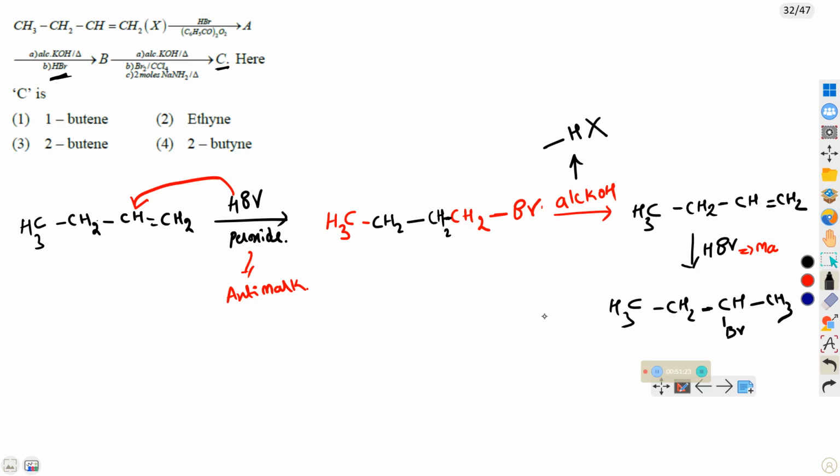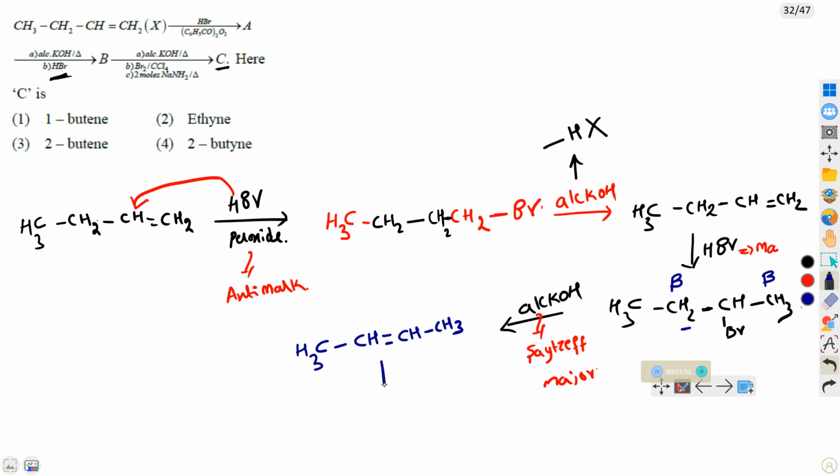Now alcoholic KOH, dehydrohalogenation again. Saytzeff product is the major product. To get the major product, remove the hydrogen atom from the beta carbon which contains fewer hydrogens. Then CH3CH double bond CHCH3.